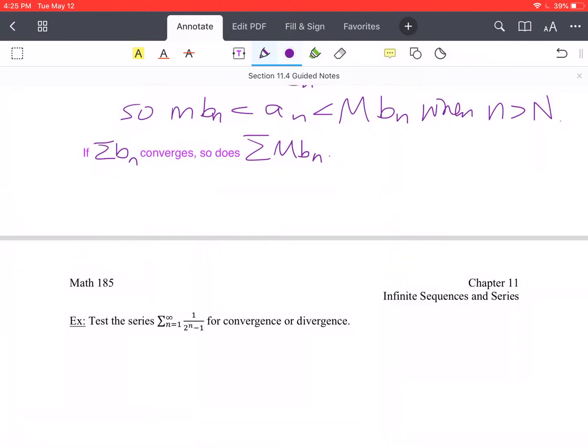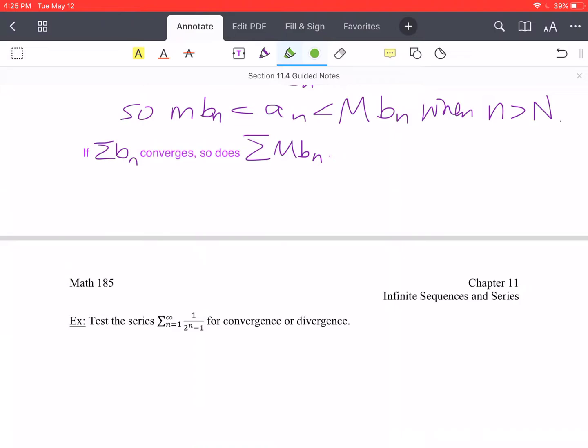So think about that for a second. If this series converges, multiplying it by a number, M, is not going to change that. If it converges to 5 and M is 6, then it's just going to converge to 5 times 6, which is 30. Multiplying by a constant is not going to turn a convergent series into a divergent one.